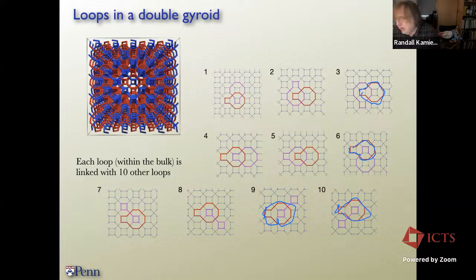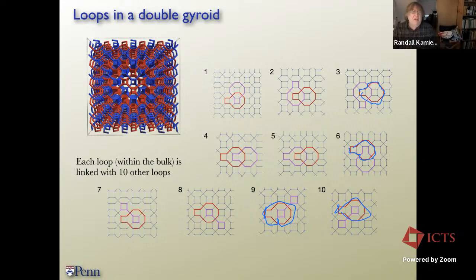That's in a perfect gyroid. So this is a way of measuring how gyroid is your gyroid, right? If every loop has 10 loops going through it, then it's like a gyroid. If suddenly you find a place where through one of these loops you have fewer or more loops, then it's not much of a gyroid there.